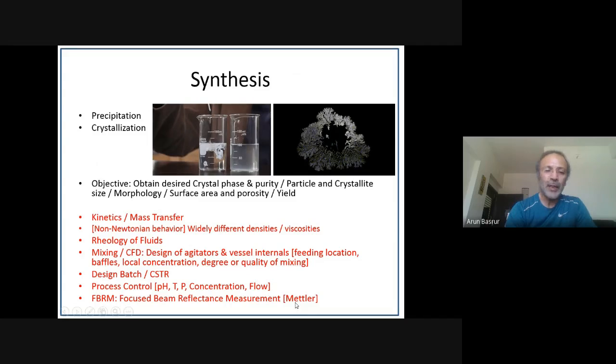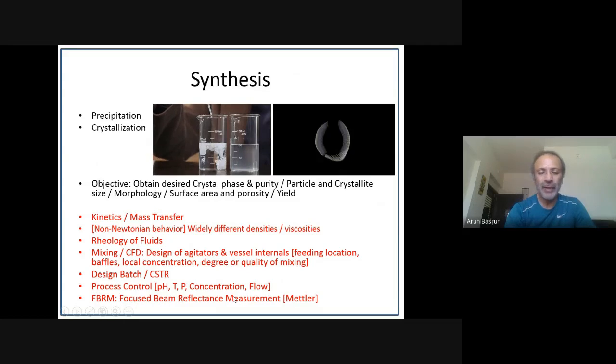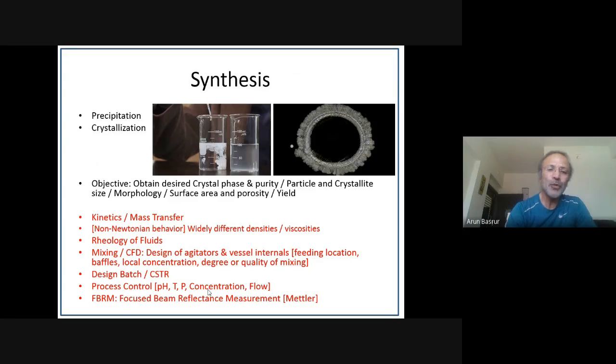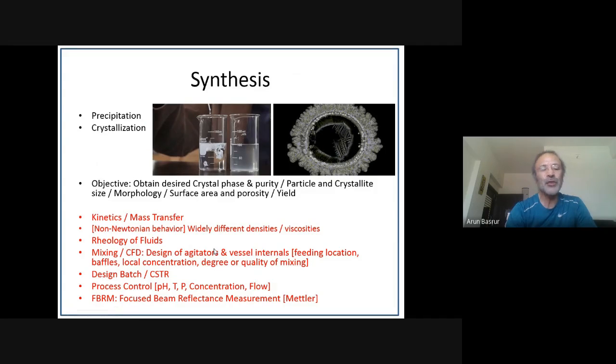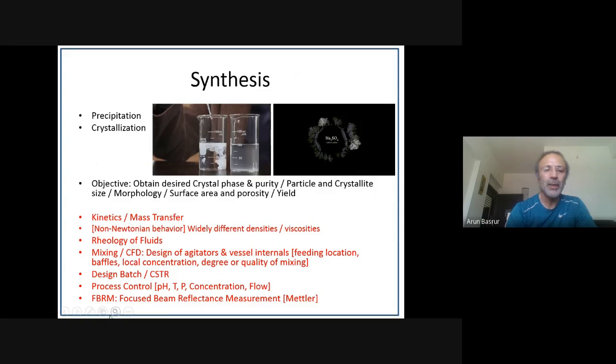The company Mettler offers what is known as a focused beam reflectance measurement device, with which one can take a real-time video of a precipitation or crystallization process as it is taking place. This enables you to study the change in particle or crystallite size as well as the morphology, and it's very useful for understanding how particles grow.